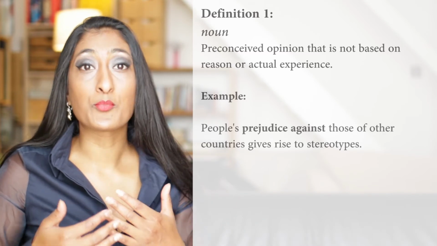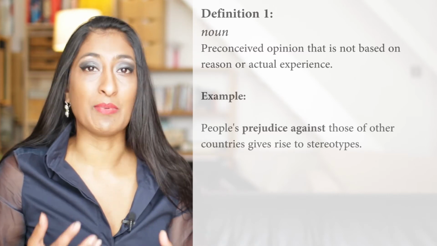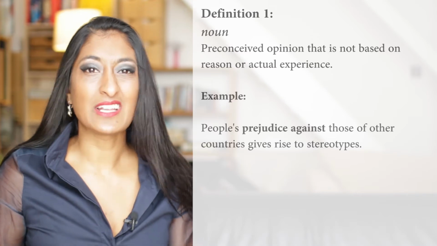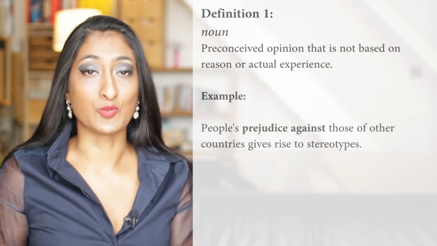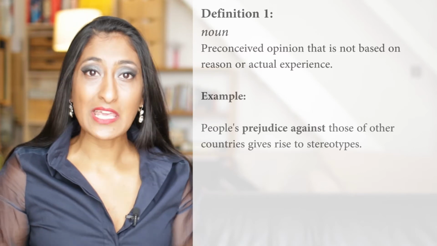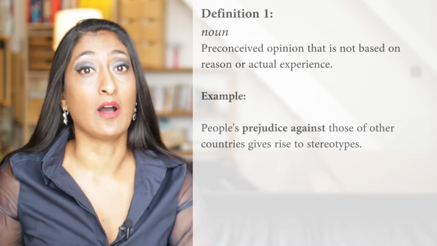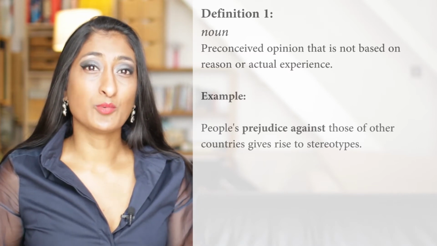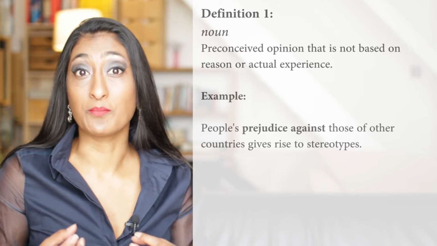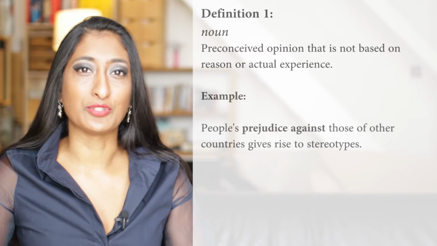And when you are prejudiced against people, it means you have certain ideas about those people that really just isn't true. And it's not really based on actual hard evidence. So when people have these prejudices, that's when the stereotypes are born. They'll have opinions about them that are negative and will more often than not jump to conclusions without really looking at the facts.